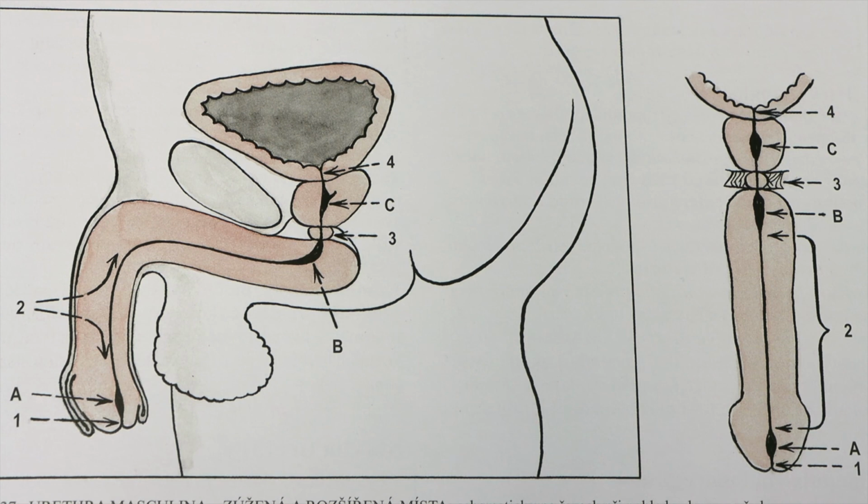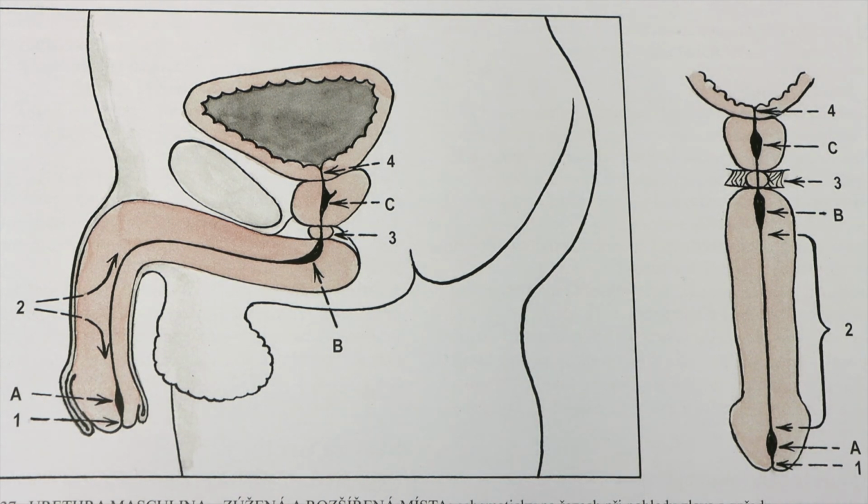These are called the narrowing parts and widening parts of the urethra. That is important, because usually a urinary stone can be trapped in this area.